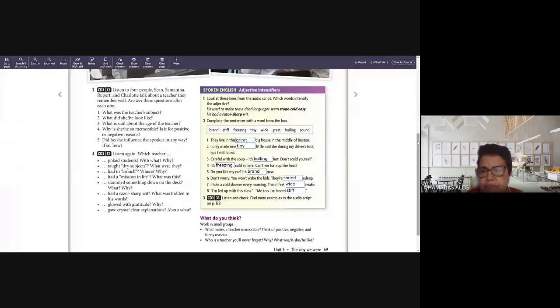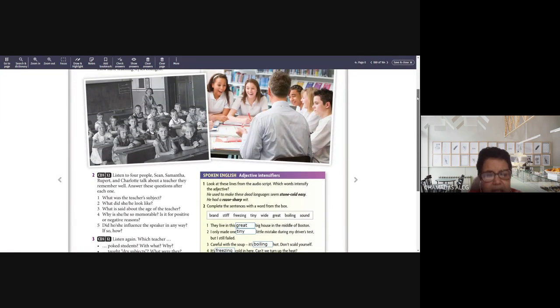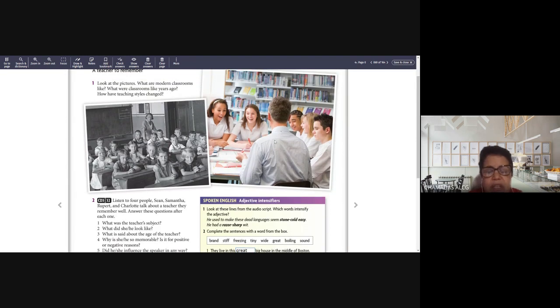So here on page 69, we have two pictures of different classrooms, one classroom from the past and one classroom from now. Of course we can see a big difference, right?